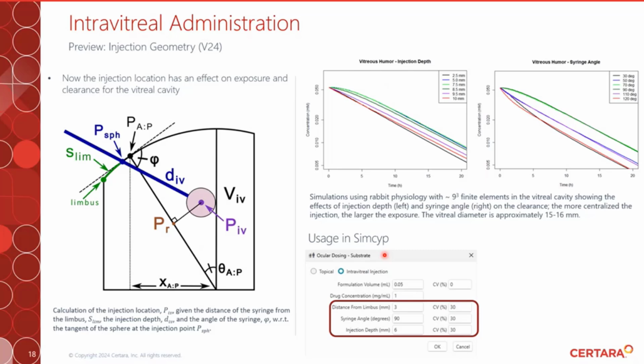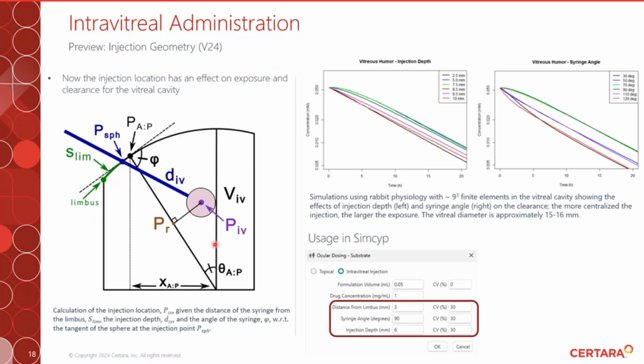Another thing we needed to deal with, but also a plus from a realistic perspective, is the geometry of the injection. Now that we have this actual three-dimensional space within the vitreal cavity, we need to be able to put the injection somewhere within it, because it matters which finite elements actually take the dose. As you can see in the top right here, this is looking at the concentration-time curves as a function of the injection depth, and beside that, as a function of the syringe angle.